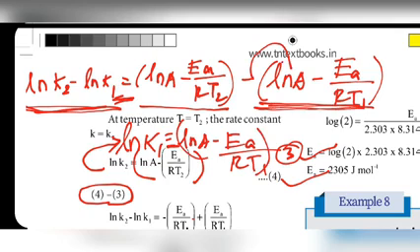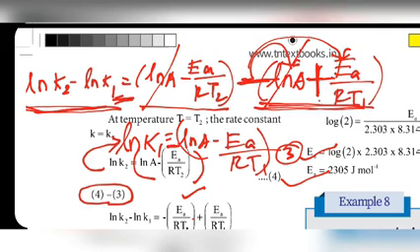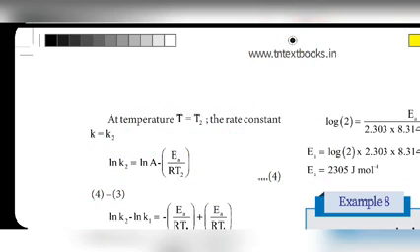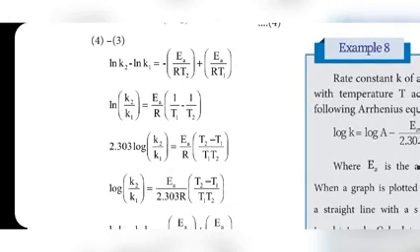If this minus is multiplied with these two terms, we will get minus ln A plus Ea by R T1. The plus ln A and minus ln A both cancel, so we will get minus Ea by R T2 plus Ea by R T1.